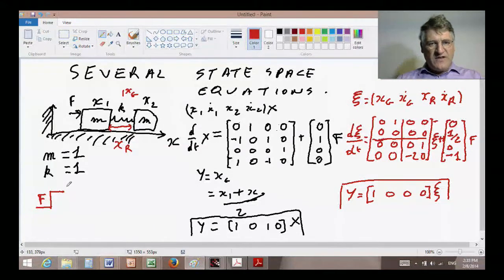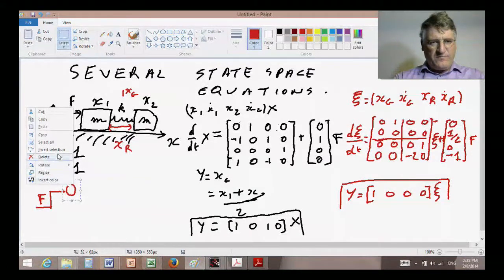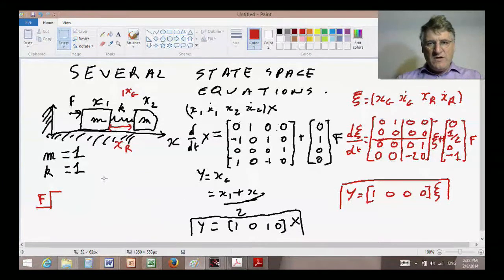The first subsystem is going to be summarized by a 2x2 A matrix here.